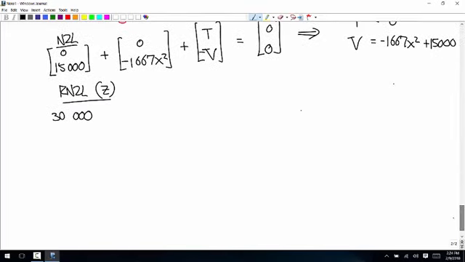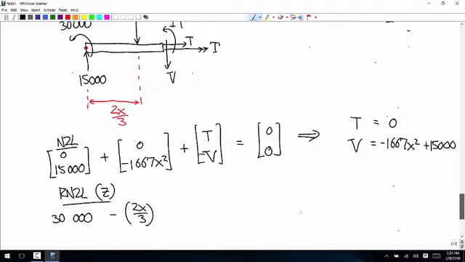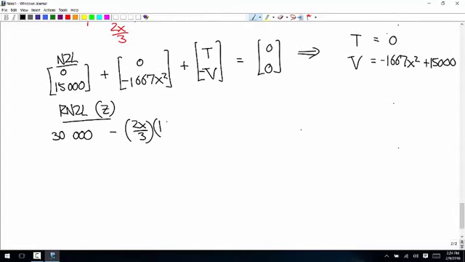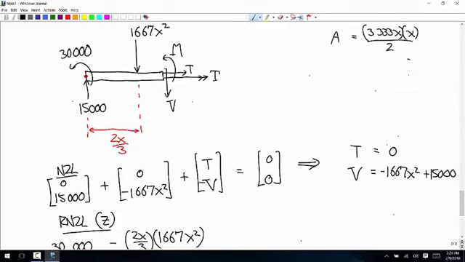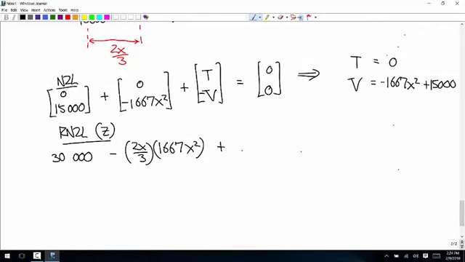So negative 2x over 3 times 1667x², then plus m minus vx is equal to 0.